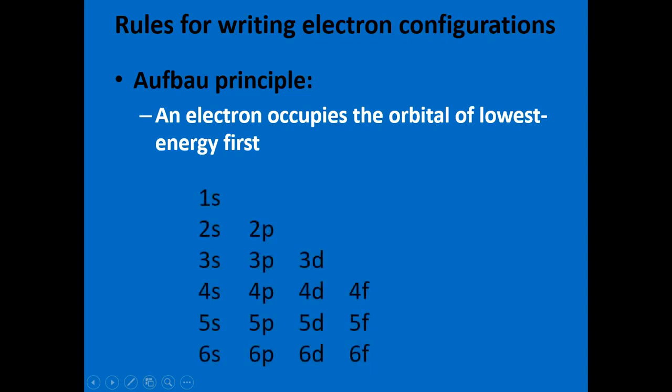So when you look at the orbital diagram, the first energy level is the 1s, then the 2s, then the 2p, and then the 3s, 3p, and 4s. Then you get to the 3d, the 4p, and the 5s. Then the 4d, 5p, and 6s. And if you have an f orbital, you would have 4f, 5d, and 6p.